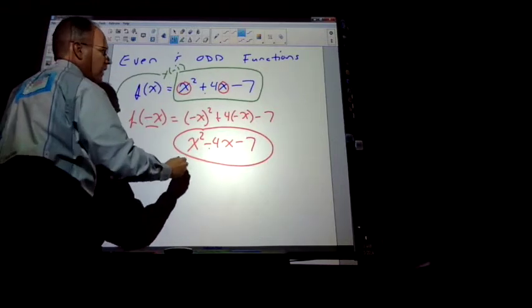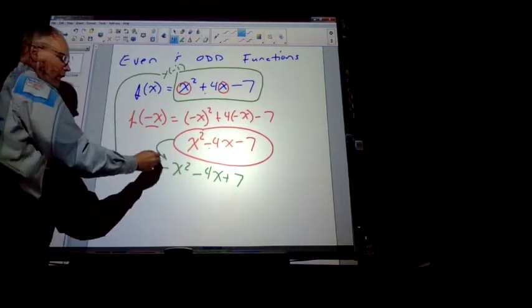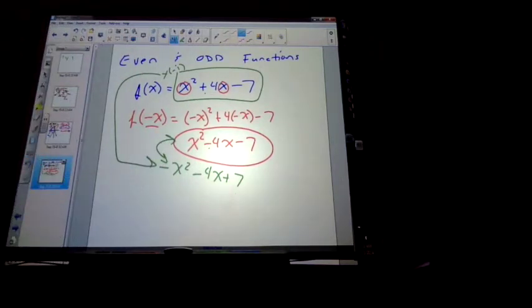That's going to give me negative x squared minus 4x plus 7. If these two things are equal, then we have an odd function. Are they equal? No, so we don't have an odd function either. Okay?